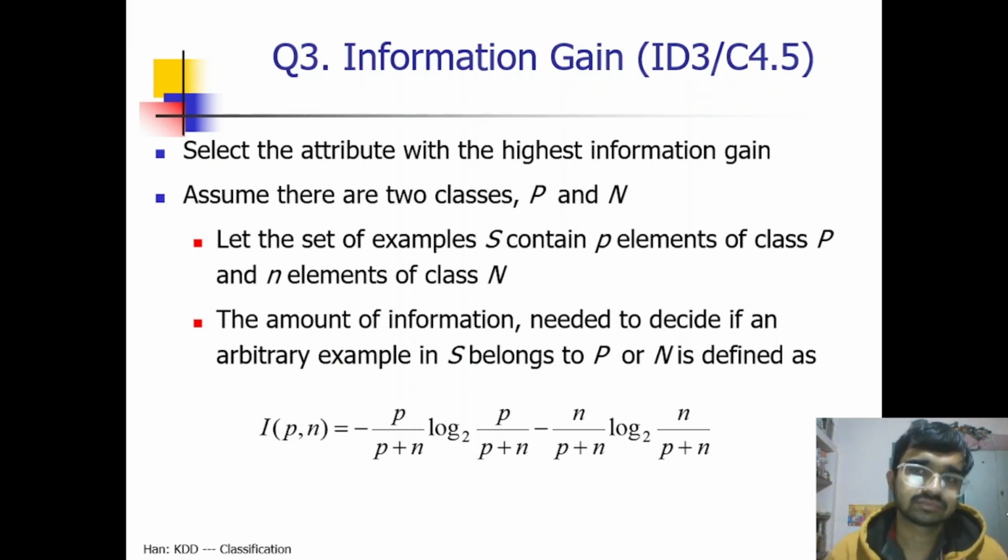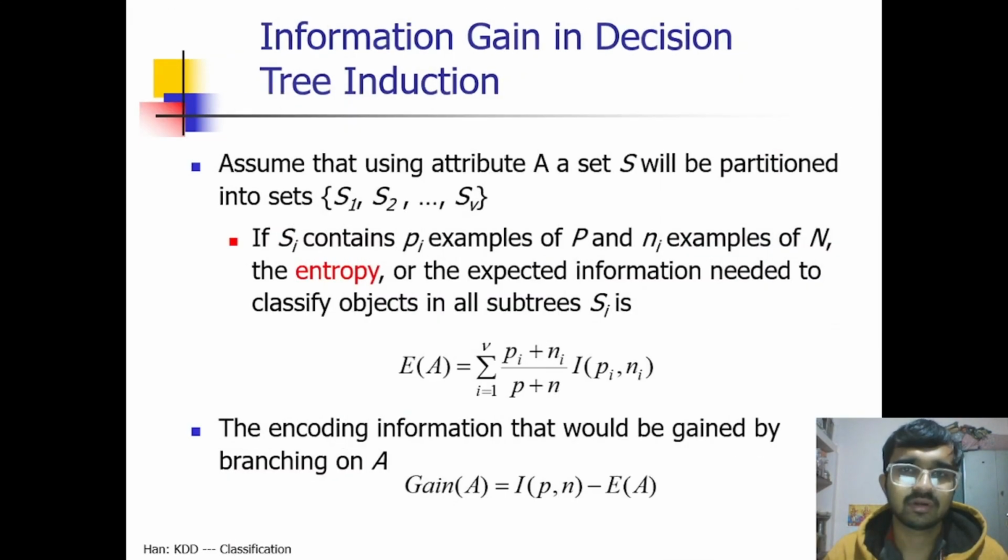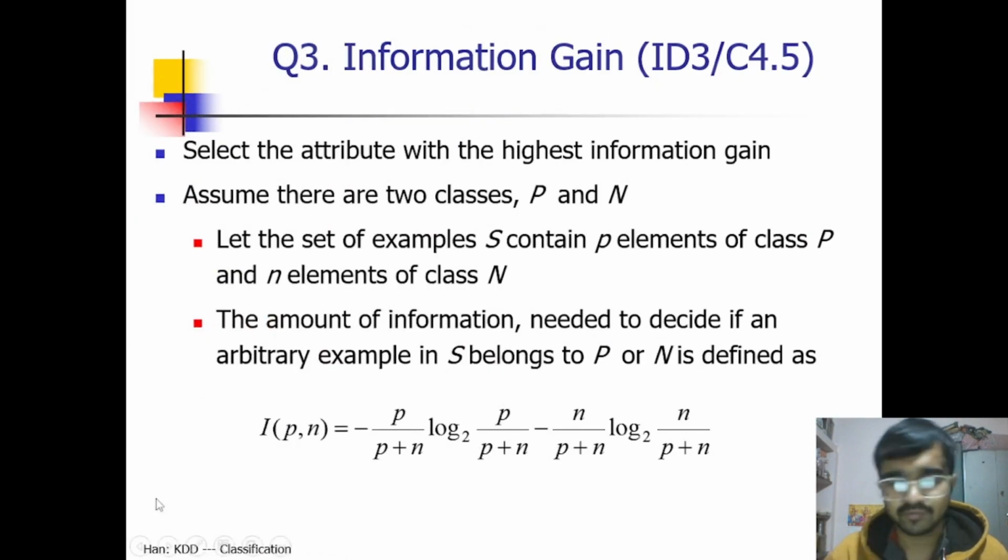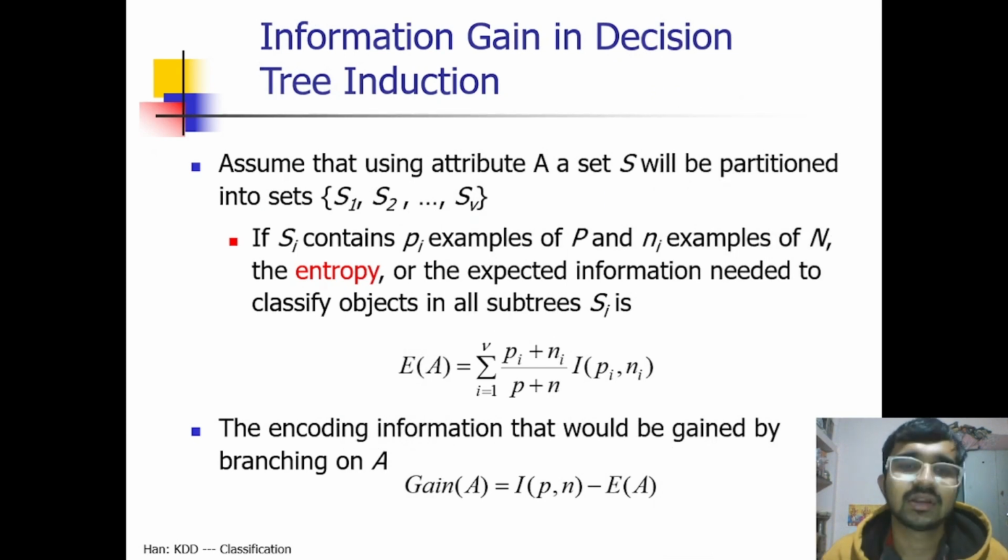And this is the mathematical expression for finding the information before the split, and to find the information gain after the split we have to use this formula. For this, first let's assume that using attribute A, set S will be partitioned into S1, S2 and up to Sv.